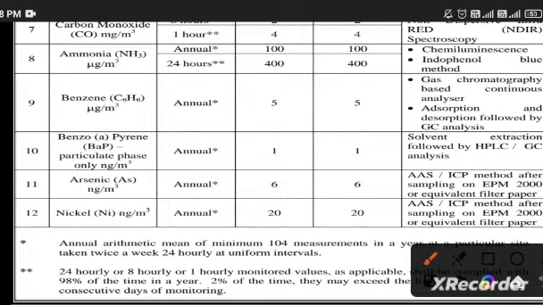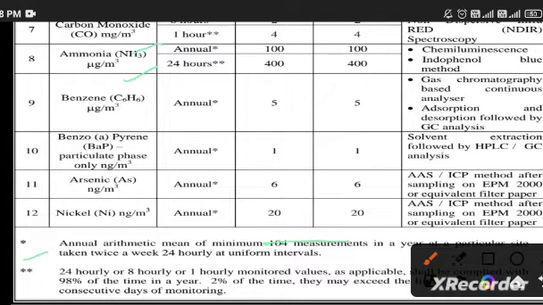As here you can see the different time periods for which the amounts of pollutants are measured, which may be annual, 24 hours, 1 hour or 8 hours as well. So for annual measurements, we have to make sure we take a minimum of 104 measurements in a year.